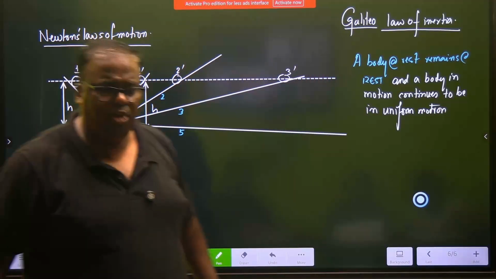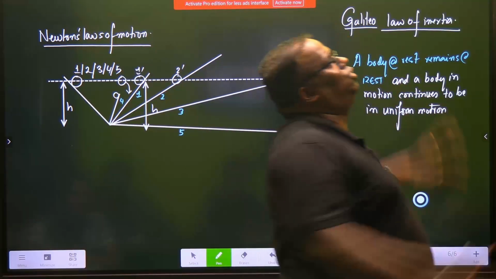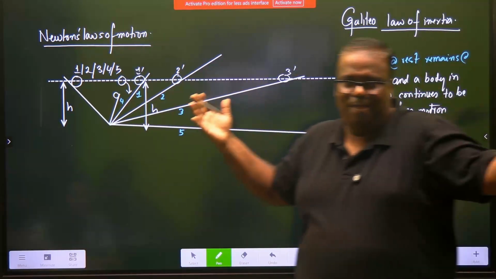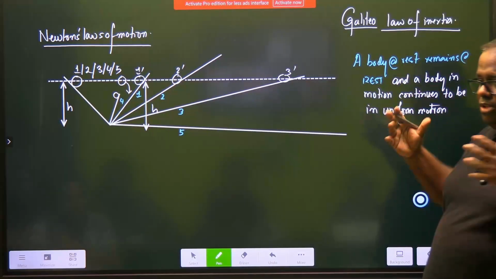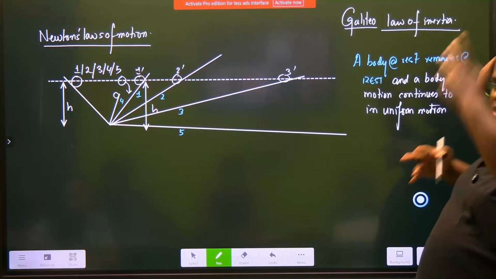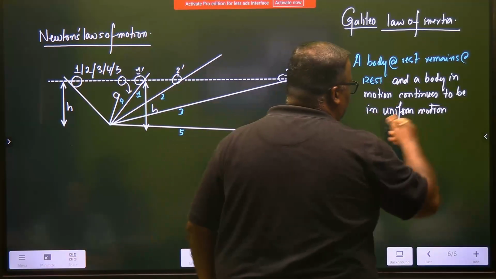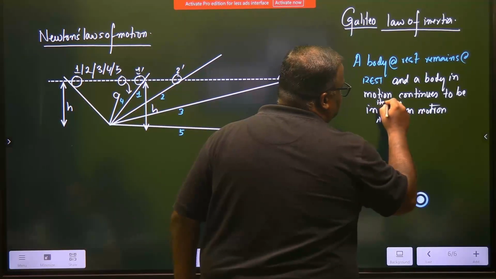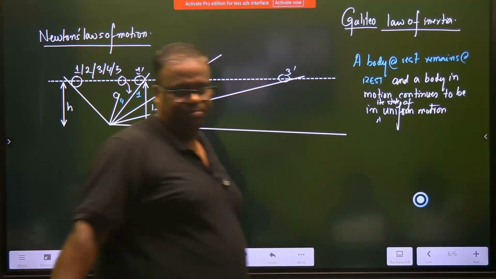My mother should be very worried that I left her house and came here. I should be walking in uniform motion throughout. I should not stop. That is what her heart does not believe, right? So the second part is something which doesn't happen every day. A body in motion will remain in its state of uniform motion.